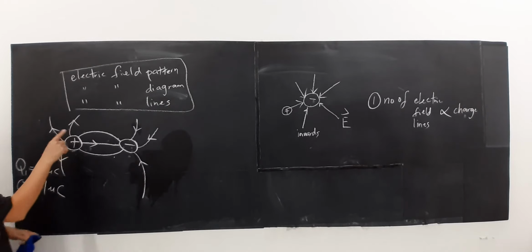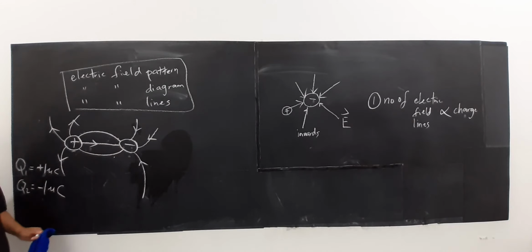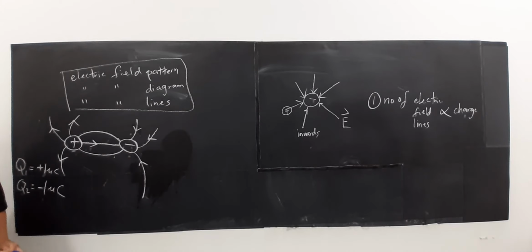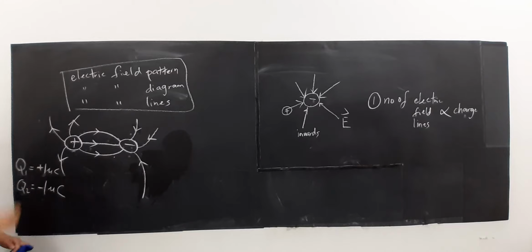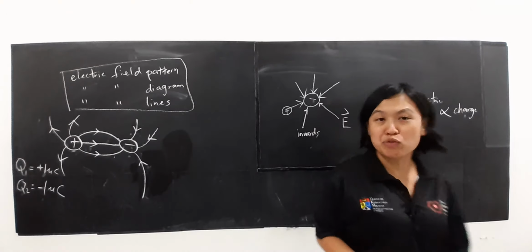So you see here 1, 2, 3, 4, 5, 6. So here I must also make sure there are 6 lines. 1, 2, 3, 4, 5, 6. So that's it. Don't forget, you must have the arrow. So this is our first important rule.